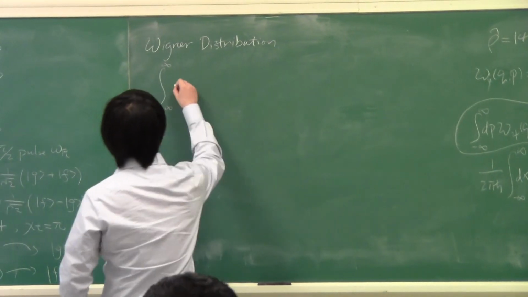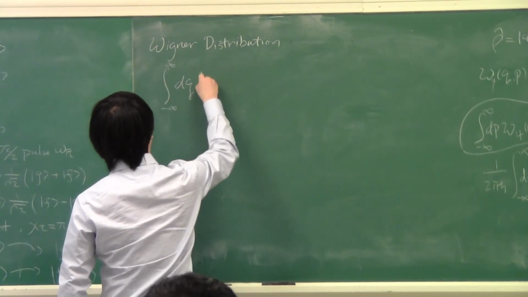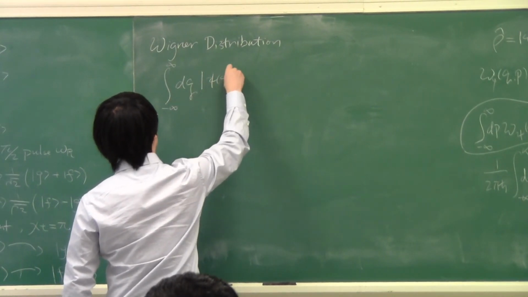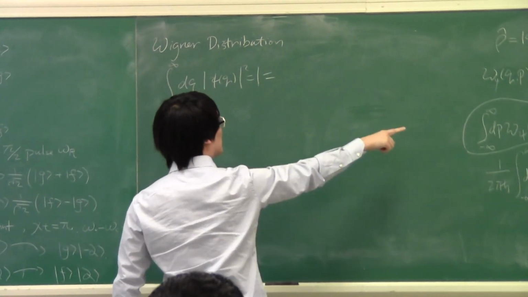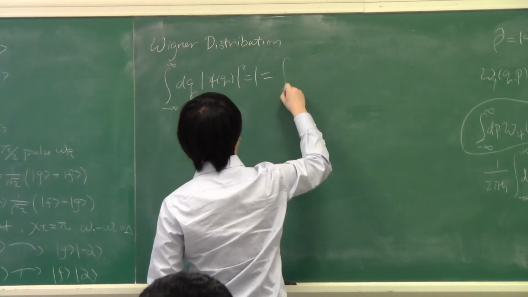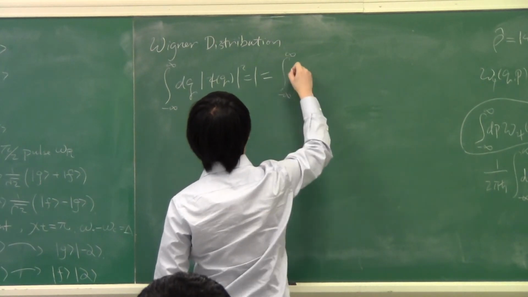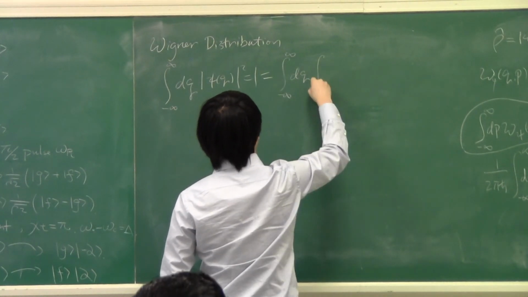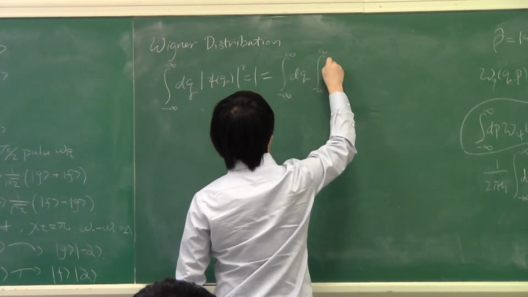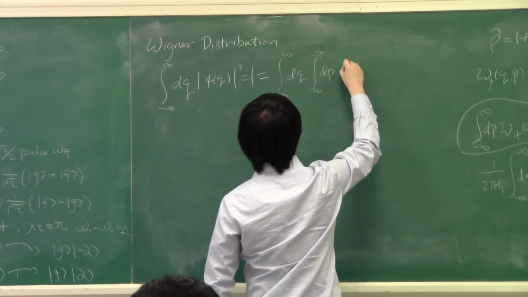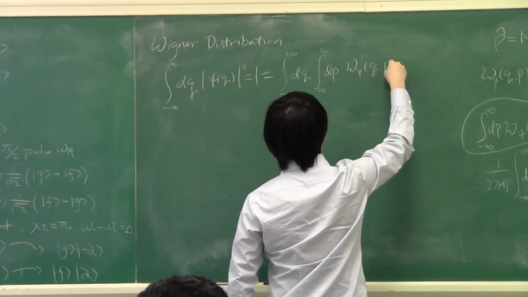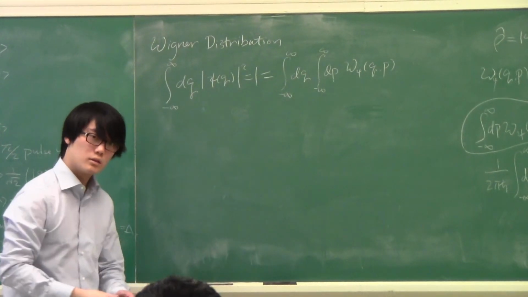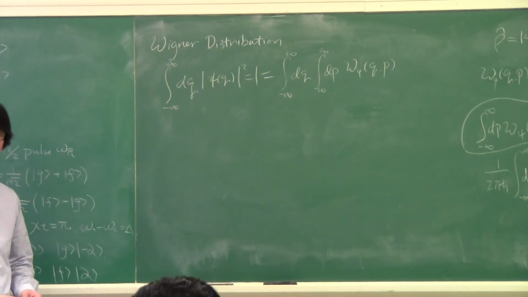So the integral dq of psi of q squared is equal to 1, and according to that equation over there, this is equal to the integral dq dp of the Wigner distribution of q and p. Correct?